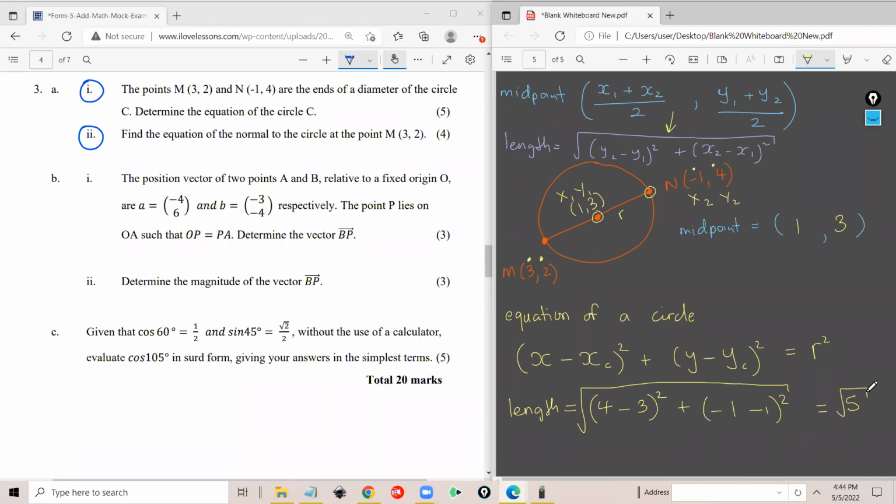All right, so we technically have everything we need in order to find the equation of the circle. The equation of the circle is x minus the x center coordinate. So the x center coordinate is 1, so all we have to do is replace that with 1, y minus the y center coordinate, which happens to be 3.